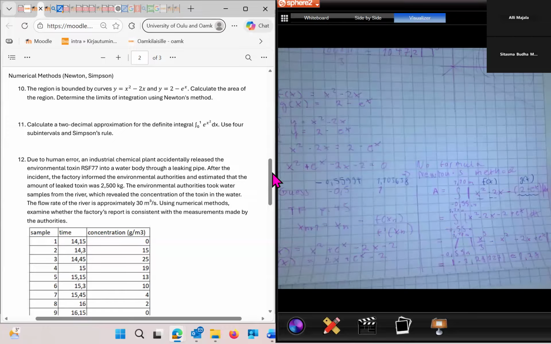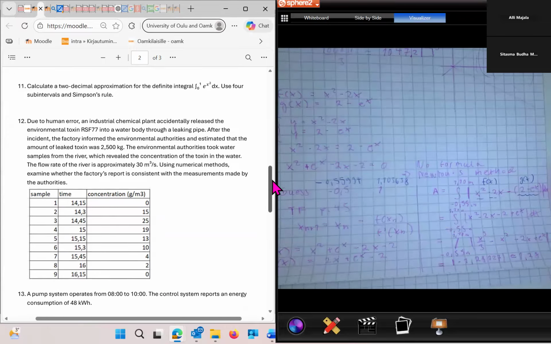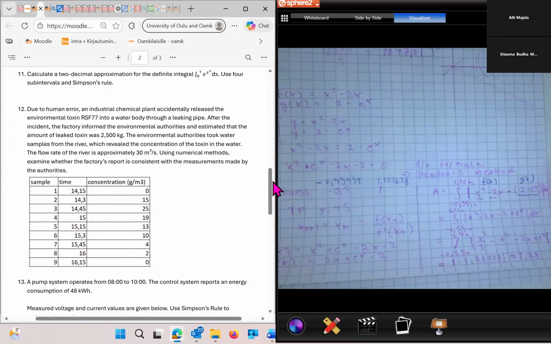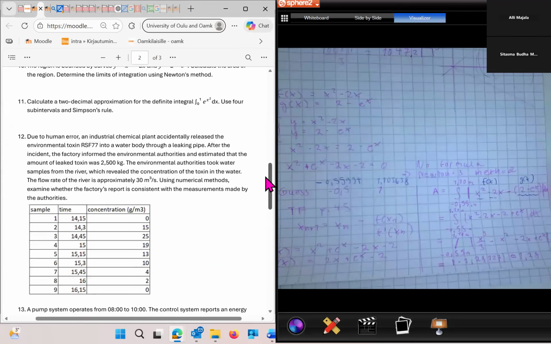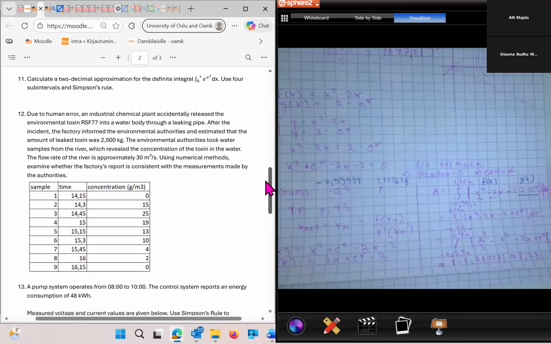Okay, Simpson's rule. There's still a couple of calculations to go. And now we would want to calculate the approximation of a definite integral of something like this that we can't again integrate with the integration formulas, because we don't have the derivative of the inner function.